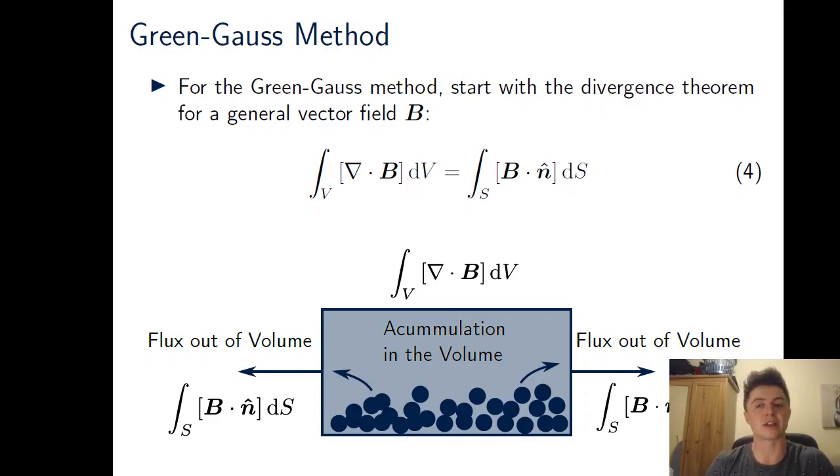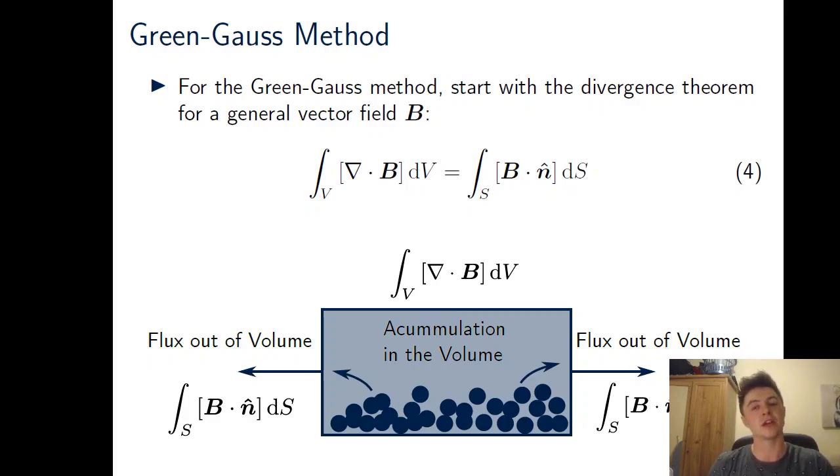But an easy way to think about what it means physically is if we have a box or a volume, as you can see there in the image, and we have some substance B inside it, which I've used these blue circular balls in there to denote this substance B, then in that box we may have an accumulation of balls or substance inside the box. And the term on the left-hand side of the divergence theorem means the accumulation of that substance within the box.